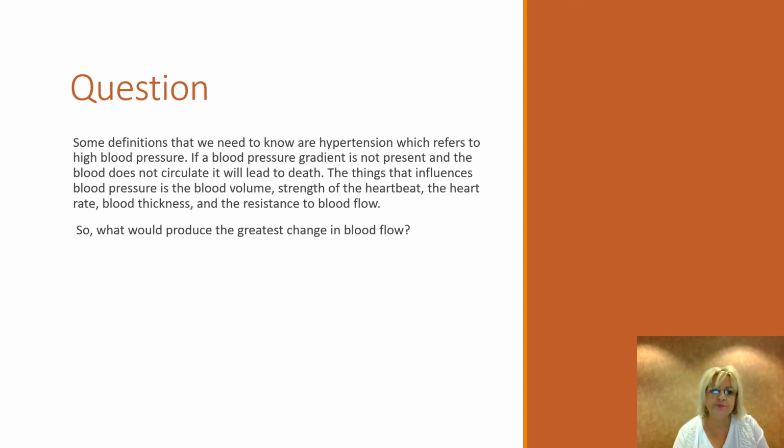So what would produce the greatest change in blood flow? Well, we saw earlier if we doubled the radius of the vessel, that would be the greatest change in blood flow.